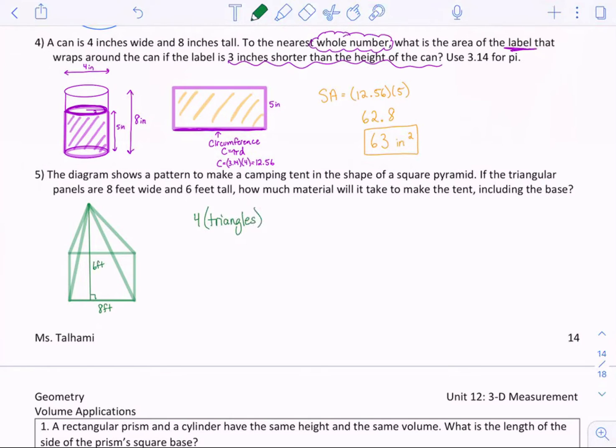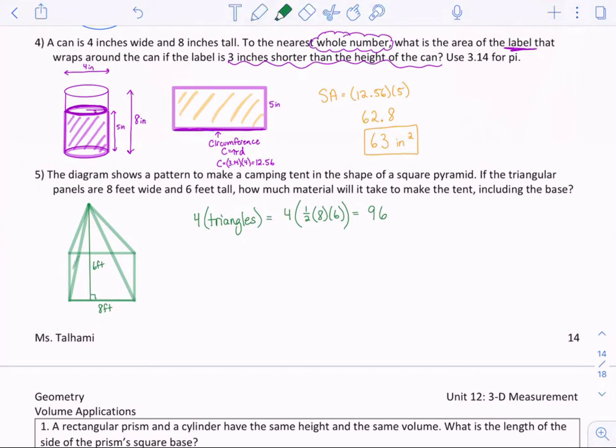The area of a triangle is 1/2 base times height. So half of 8 is 4. 4 times 6 is 24. And 4 times 24 is 96. So far the 4 triangles are 96.